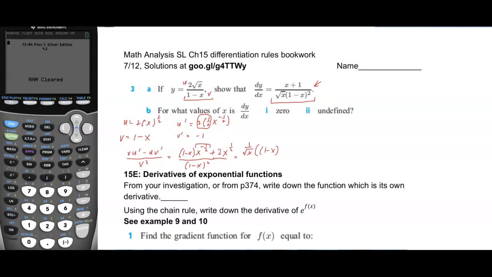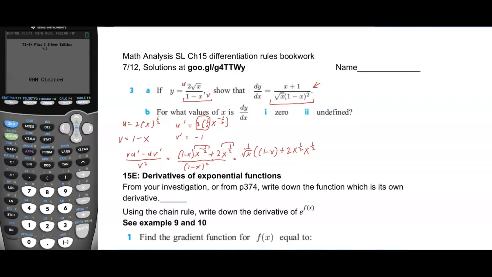The right term doesn't have 1 over square root of x, so when I factor out the 1 over square root of x, I end up with another 1/2 x to the 1/2 here. So like the first x to the 1/2 was already there. When I factor out a 1 over square root of x that's not even there, then I'm left with an additional x to the 1/2 here.